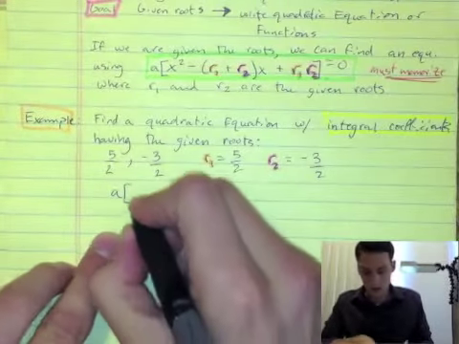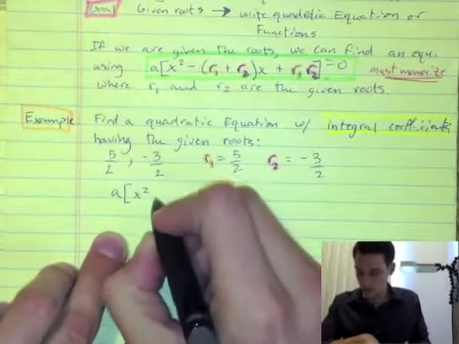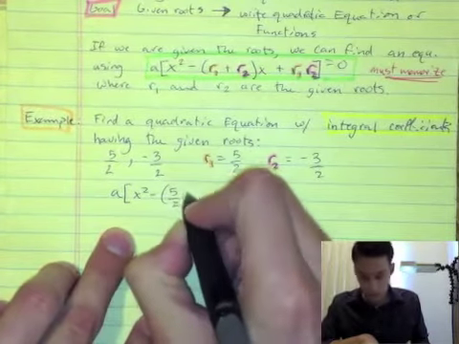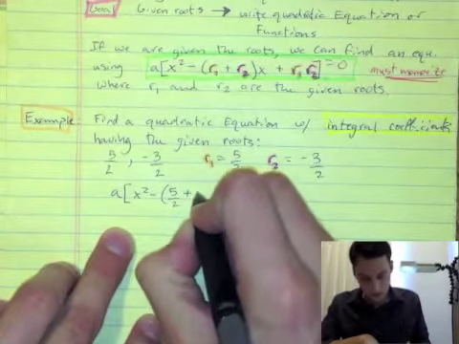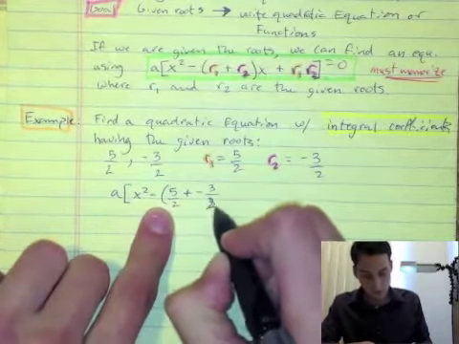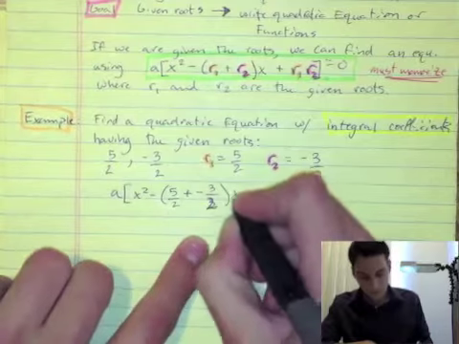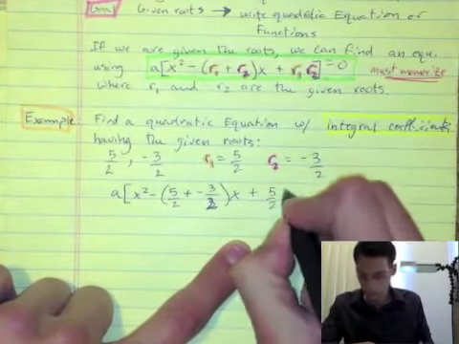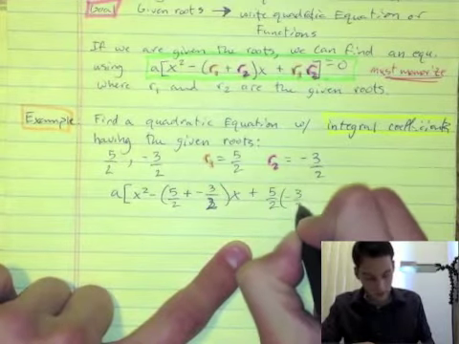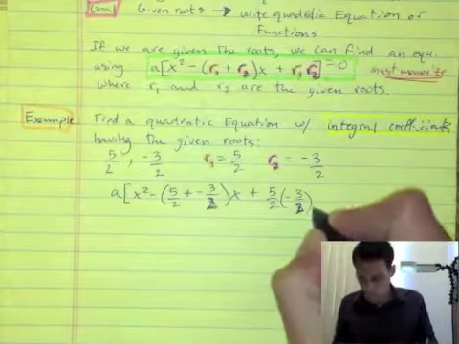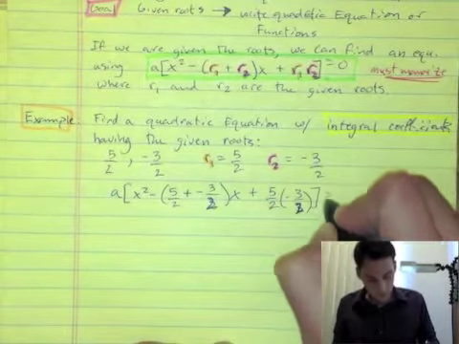We'll have a times x squared minus 5 over 2 plus negative 3 over 2, times x plus 5 over 2 times negative 3 over 2, equals 0.